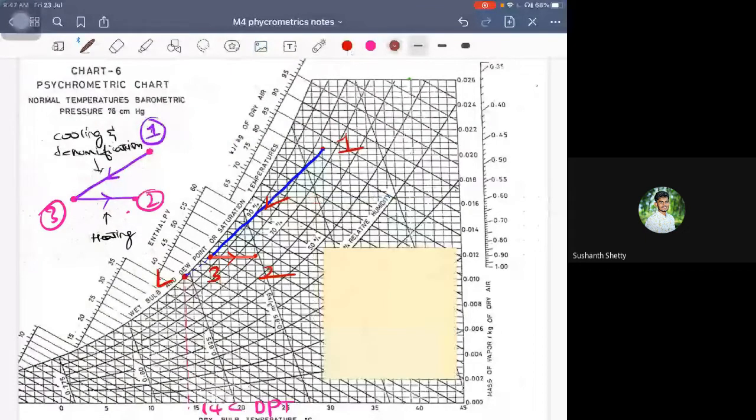For example, I need the value of H1, I need the value of H2, I need the value of H3, I need the value of H4, and next I need the value of omega 1. How many of you know how to calculate this value from the psychrometric chart? How many of you know it?